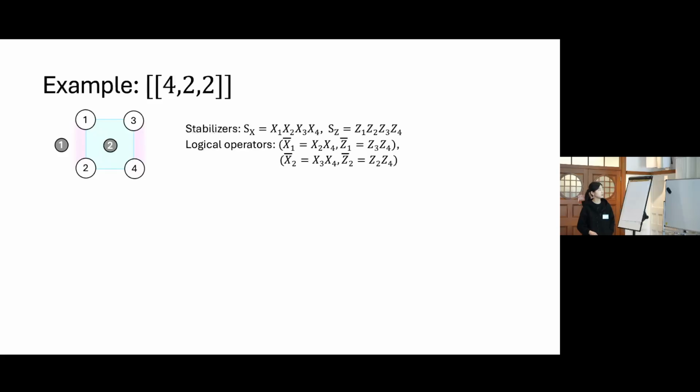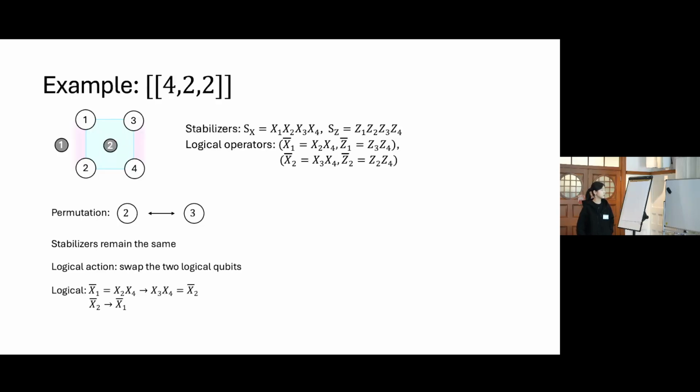It has a stabilizer logical as this. If you consider the permutation swapping qubit 2 and 3, first you check that the stabilizers remain the same, so the code space is preserved. Then to determine the logical action, for example X1 here is this, and then you swap X2 with X3, you see that logical X1 is mapped to logical X2, and vice versa.